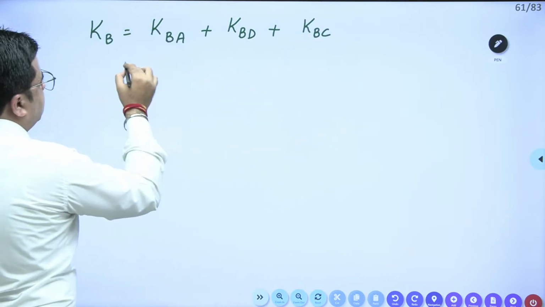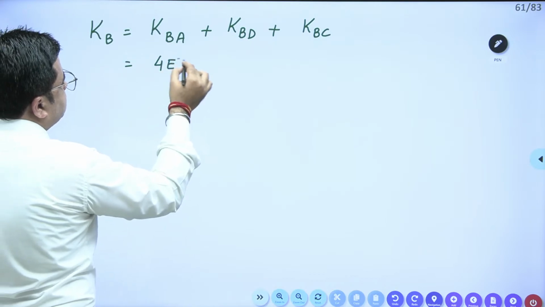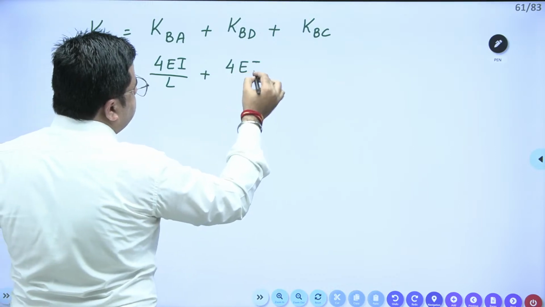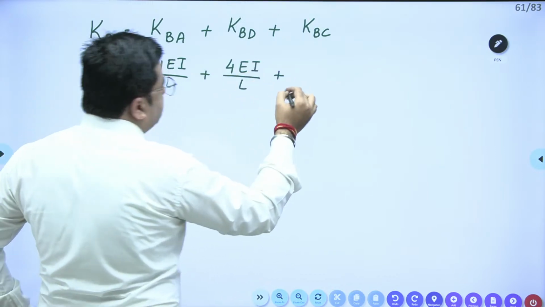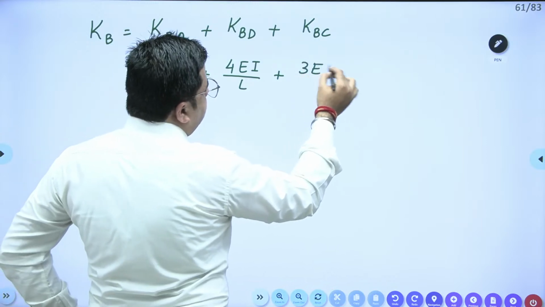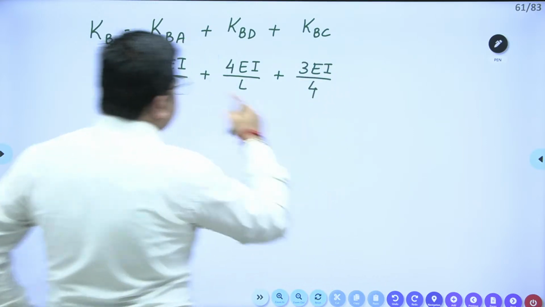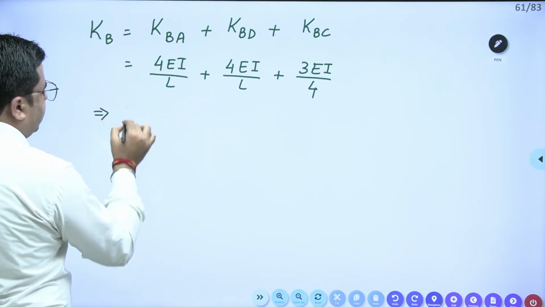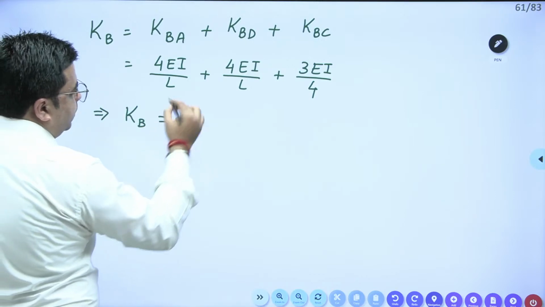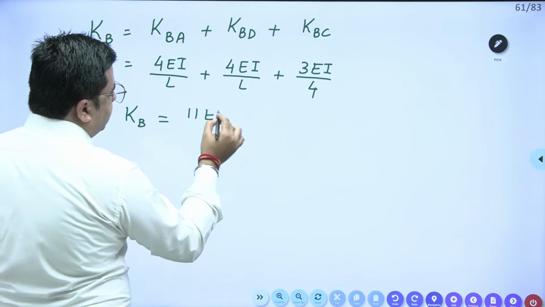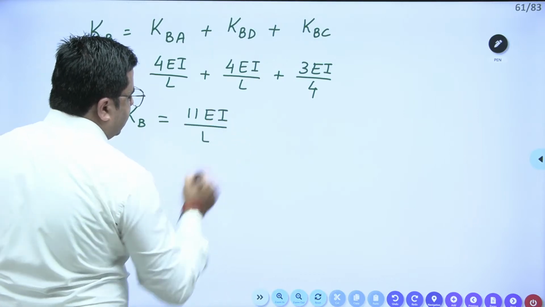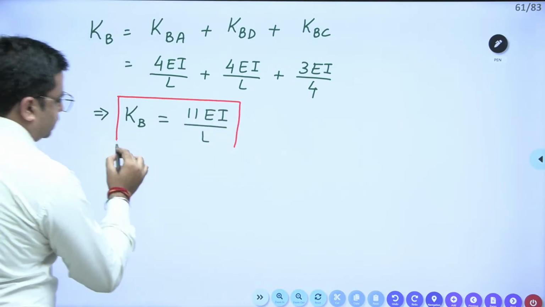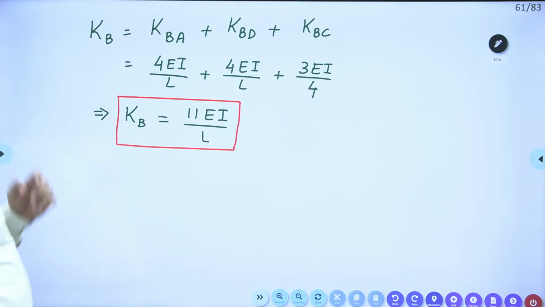So this is 4 EI by L plus 4 EI by L plus 3 EI by L. So 4 plus 4, 8 plus 3, 11. So stiffness of joint B comes out to be 11 EI by L.